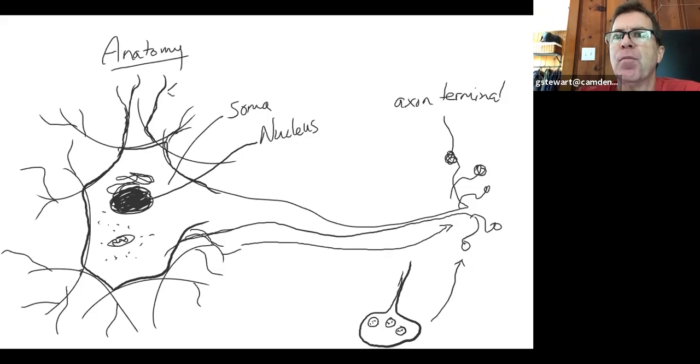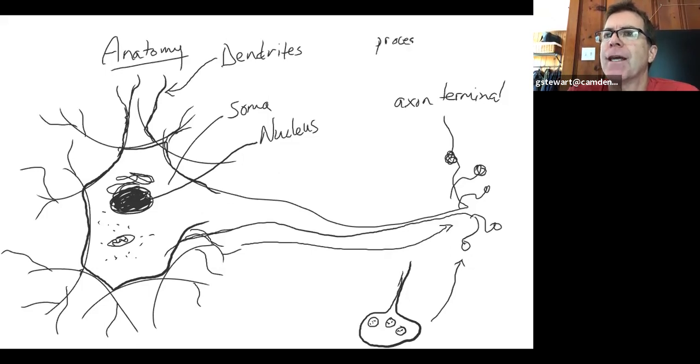And these thin processes that are attached to the cell body are called dendrites. So I'm just going to write up here, process in this case means branch or extension. So a dendrite is a process that's attached to the cell body.